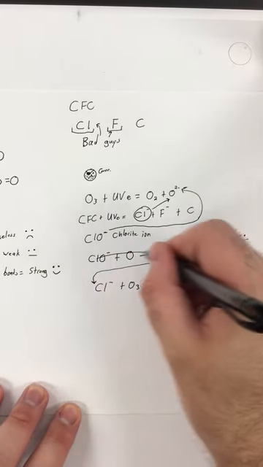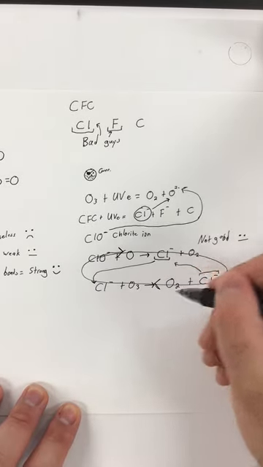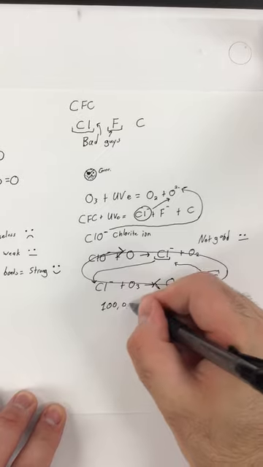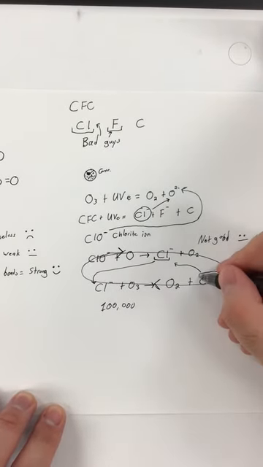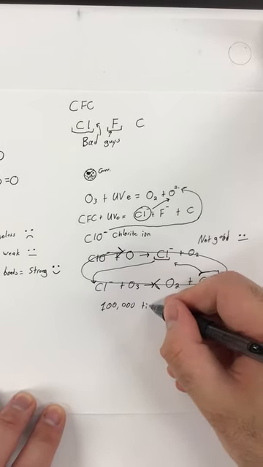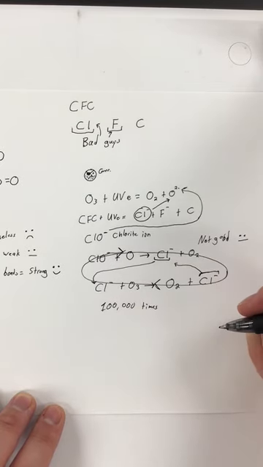So you're just stuck in this loop. That can happen up to 100,000 times per chlorine ion, which means every time you're creating one of these chlorine ions, this process can happen 100,000 times before chlorine will find something else to bond with and finally break that cycle.